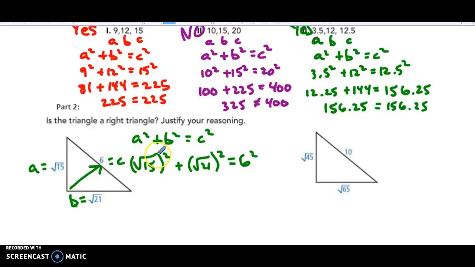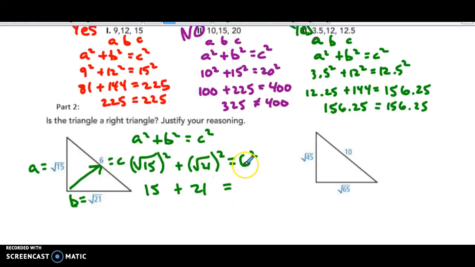Now if I take the square root of 15 times the square root of 15, I'm going to get 15. So when I take the square root of a number and then square it, remember that the square root bar and squaring a number, those are opposites. So those undo each other and they cancel out. So all I'm left with is the number on the inside. So radical 15 squared is 15. And radical 21 squared is 21.